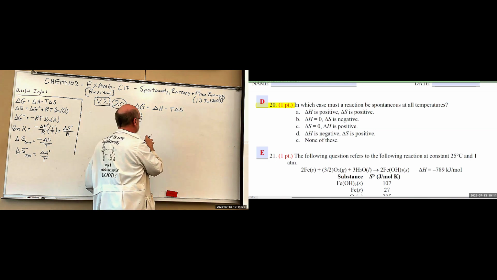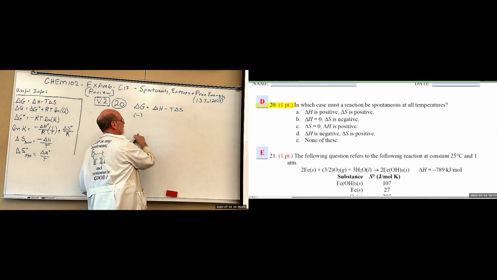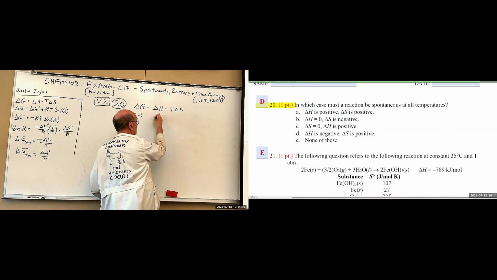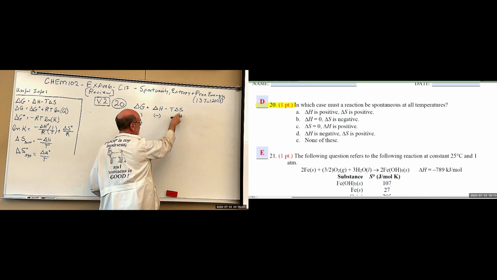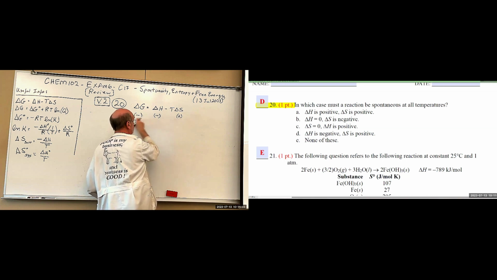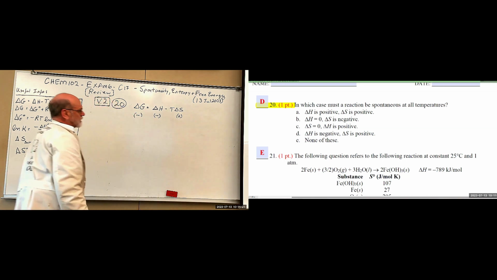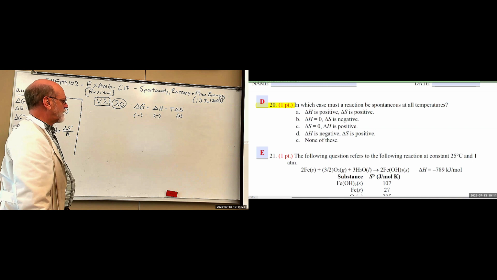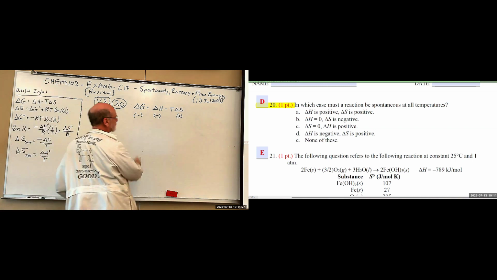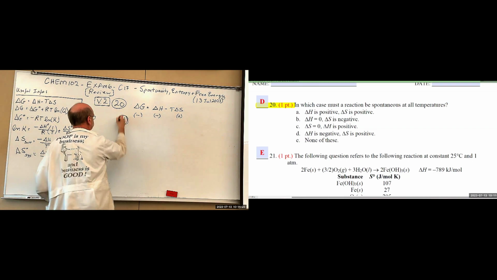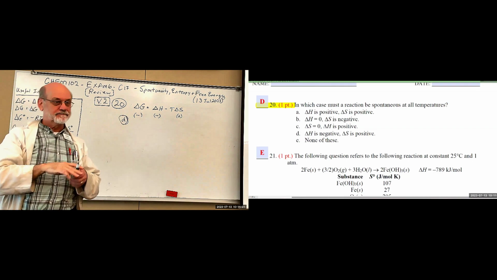So what would give us a guaranteed negative here? Well, that one would be negative. This one would be positive, because any positive value here times negative, negative, negative. So delta H is negative and delta S is positive. That's it, D.